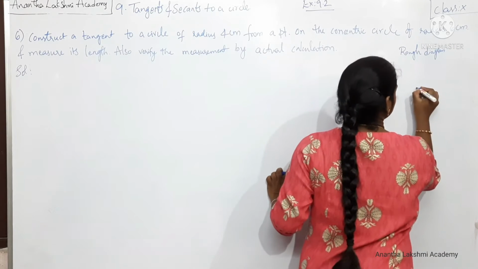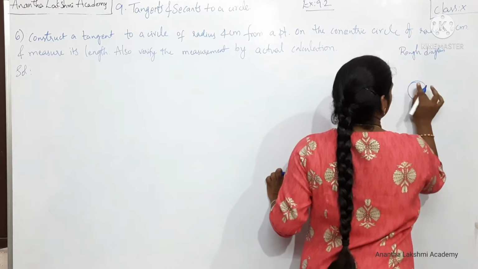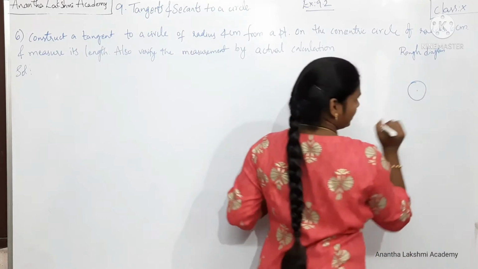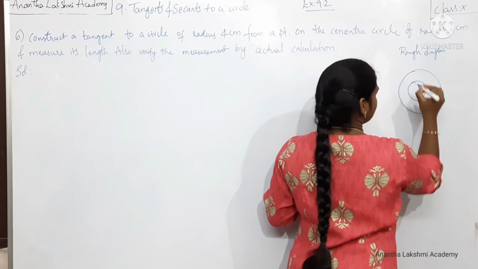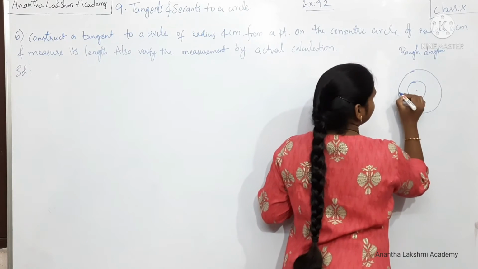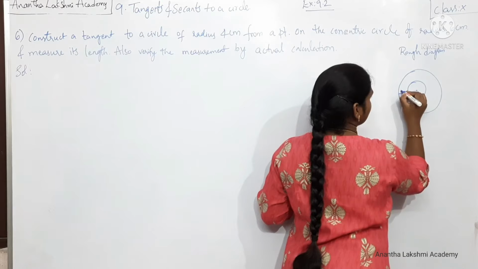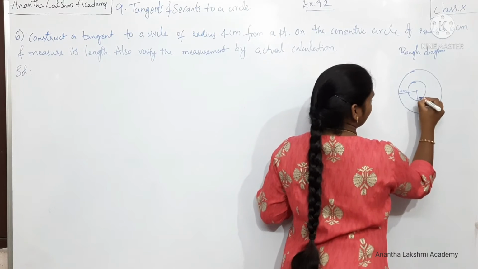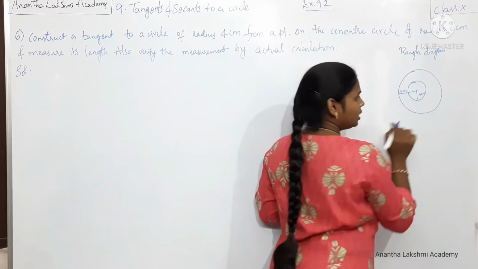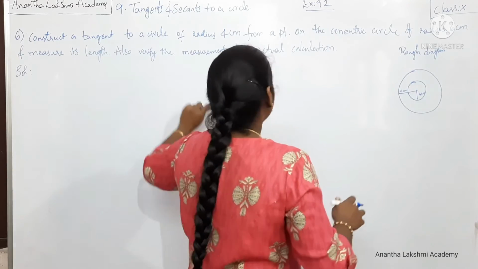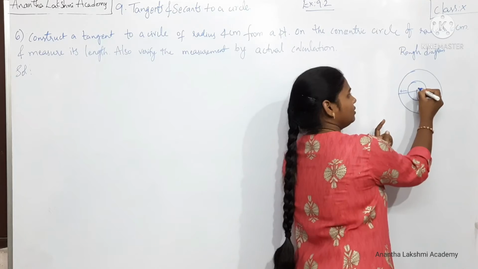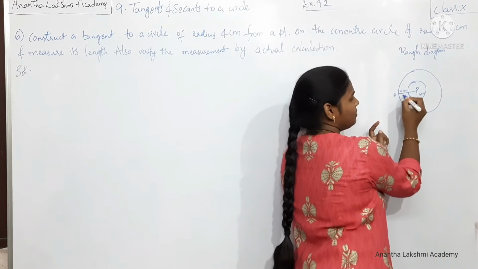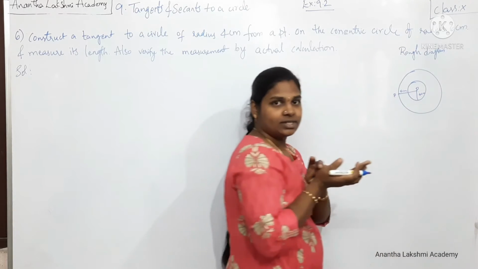Initially we are supposed to construct a circle of 4 centimeters radius, and then there is one more circle with 6 centimeters radius. This is 6 and this is 4. Okay, now from a point on the concentric circle, let us consider this as the point P. From here, how do we construct a tangent?